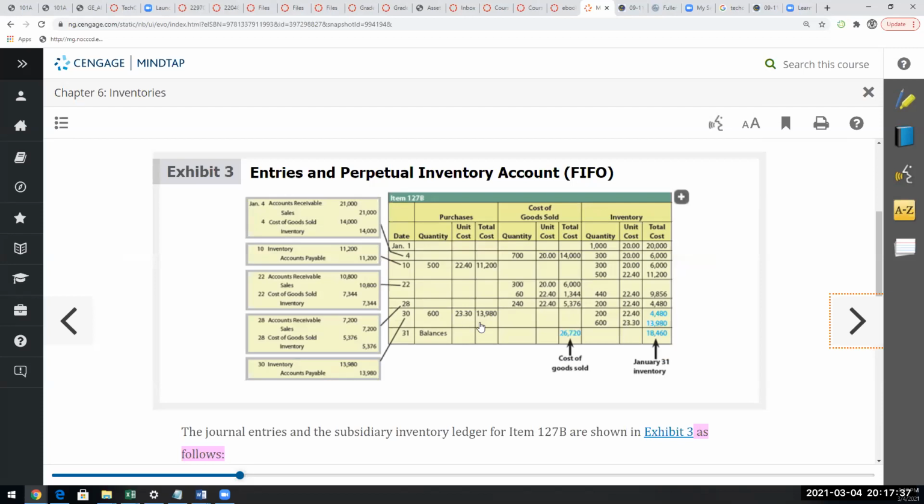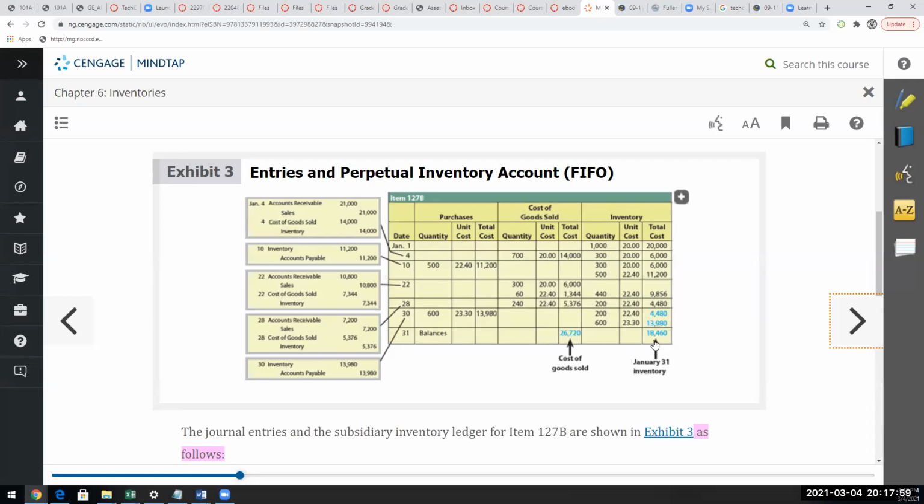So if we look over here now, we are done. So we have 200 of the older, not the oldest, but the older stuff, and 600 of the brand new stuff. So these 3 lines here are the same as these 3 lines. So in this case with FIFO and LIFO, we have to add up these 2 blue numbers because 4,000 plus 13 and change gives us 18,000.